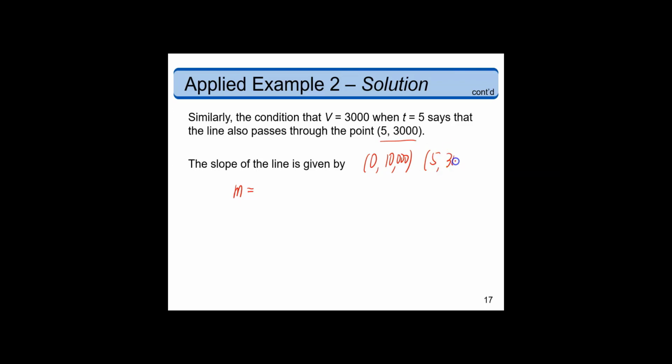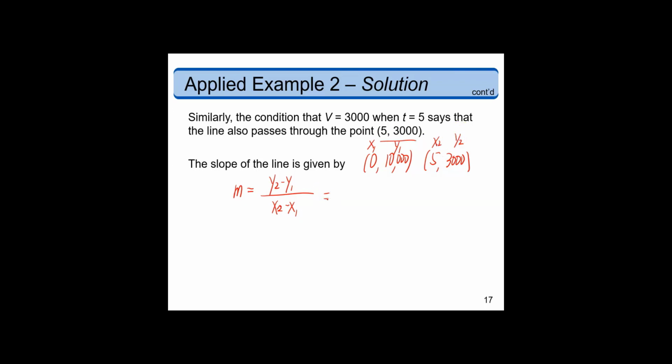As we talked about earlier, the slope formula is y2 minus y1 over x2 minus x1. Here, label the first pair x1, y1 and the second pair x2, y2.